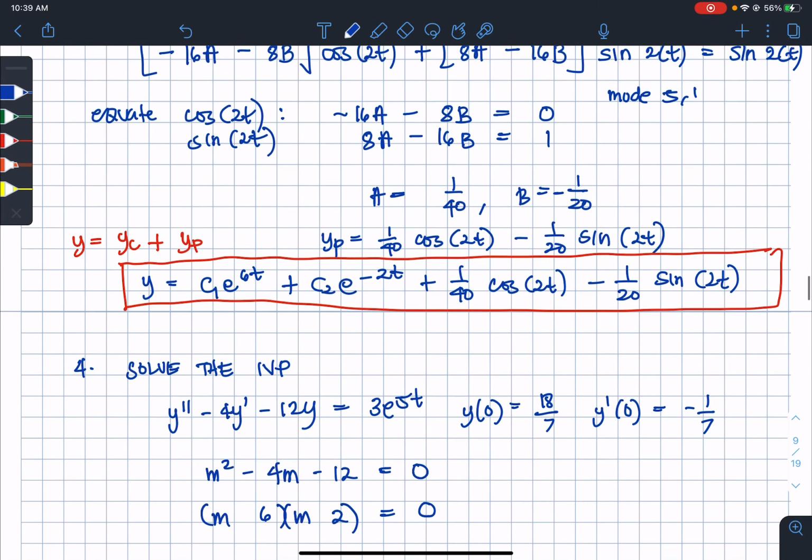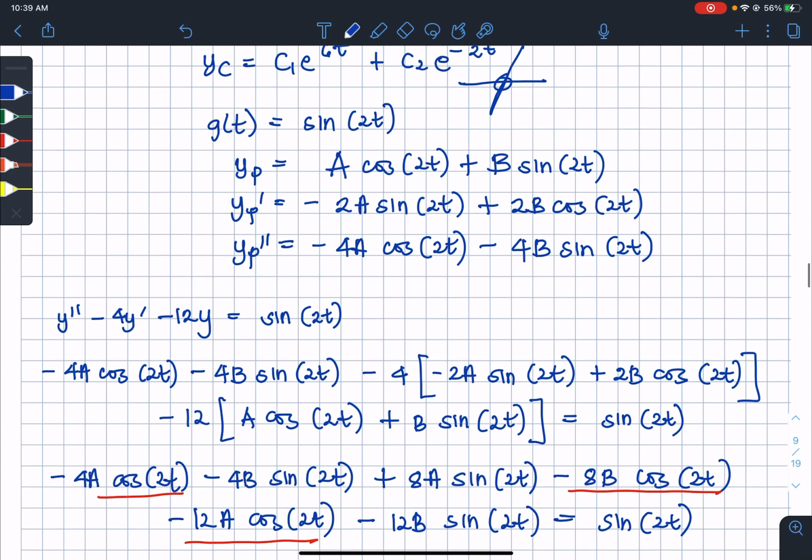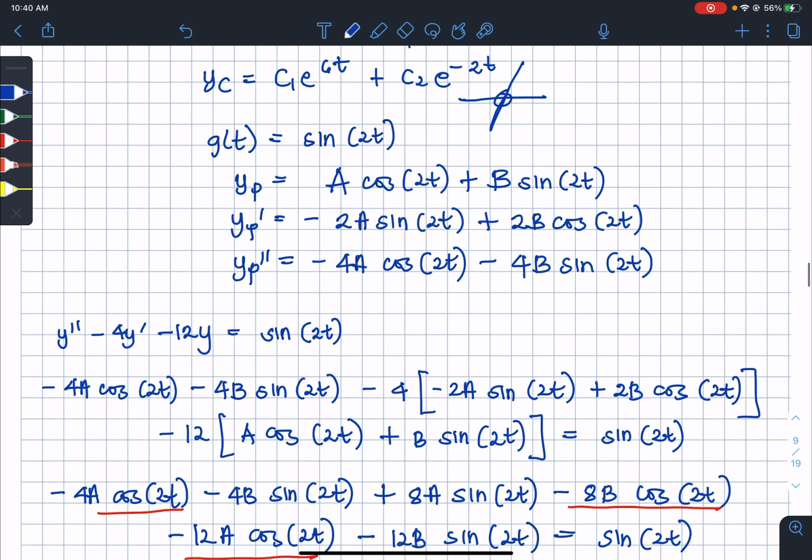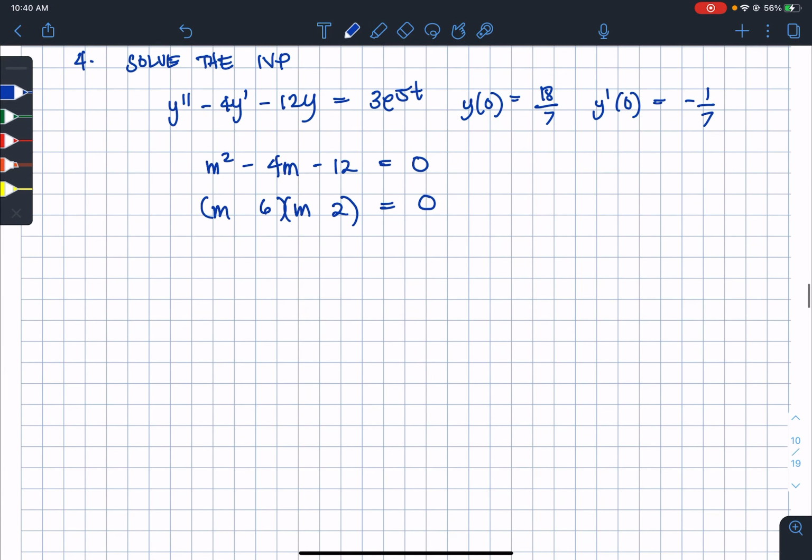It's the same, right? Okay, it's the same. So therefore, our y of c, not going to solve it anymore. Negative and positive. So m1 is 6, m2 is negative 2. So therefore, y of c is c1 e raised to 6t plus c2 e raised to negative 2t.